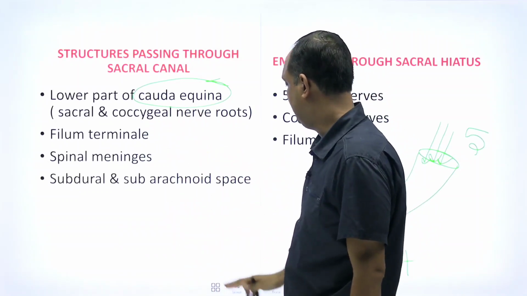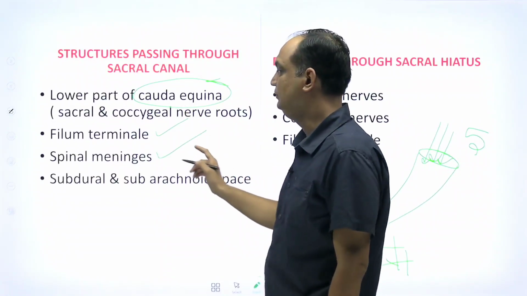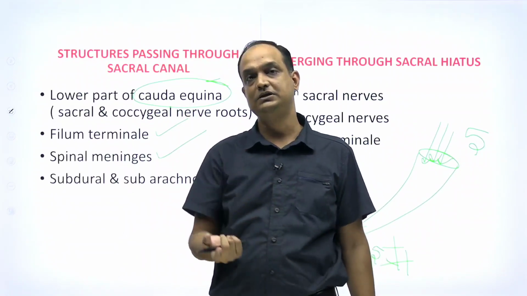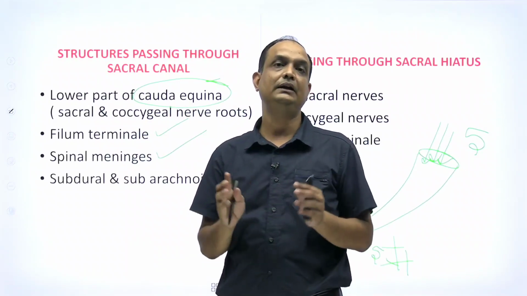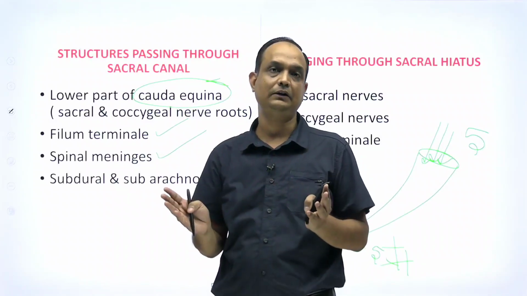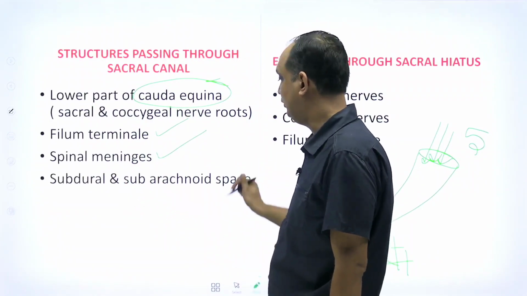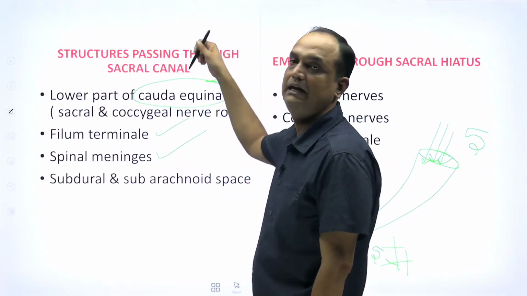Apart from that, you have the filum terminale, you have the spinal meninges, and the space around the meninges, the space between the arachnoid and the dura, and the space between the pia and arachnoid. So the subdural and subarachnoid spaces also enter through this canal.